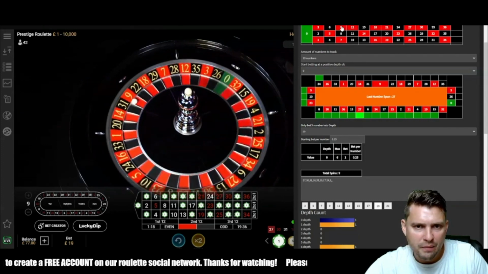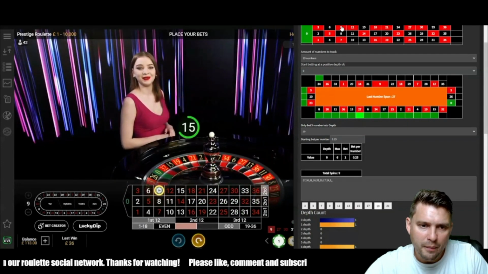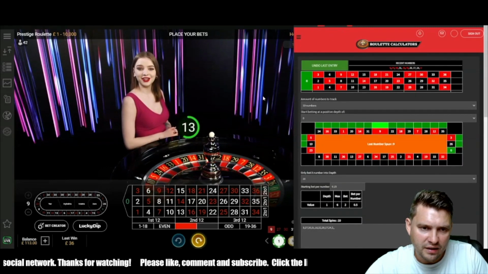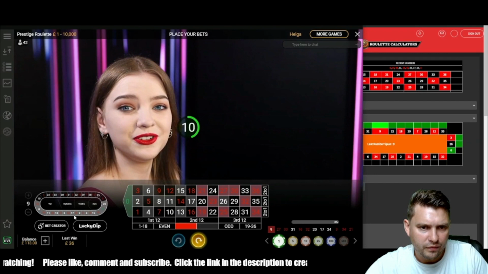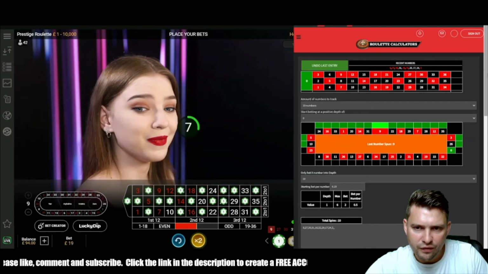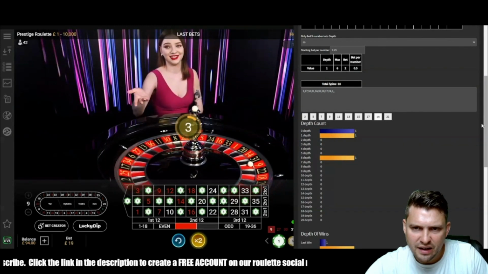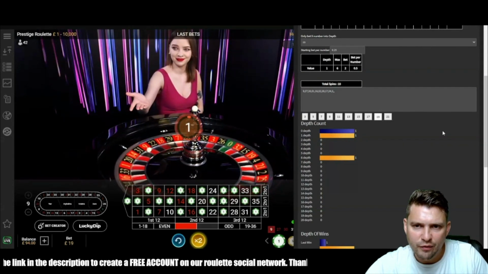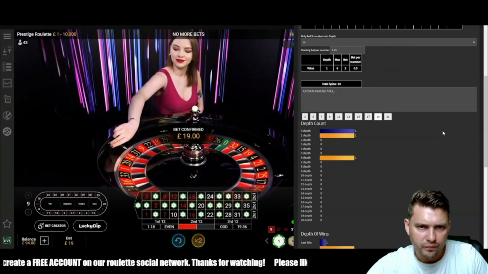That is smack bang in the middle of that unhighlighted section. So yeah, he's had a couple of misses there, but his balance is at 113, so he's still in profit. He just wants to get a couple of wins in a row. And you can see, yeah, it says a depth of 6, then a depth of 1, and it's currently on a depth of 1 at the moment still.